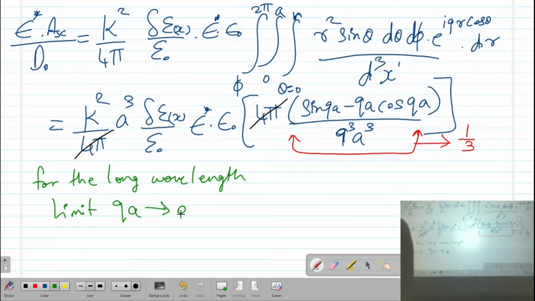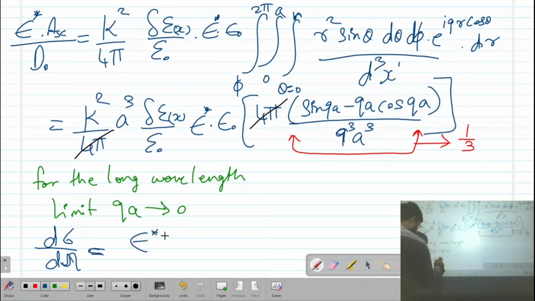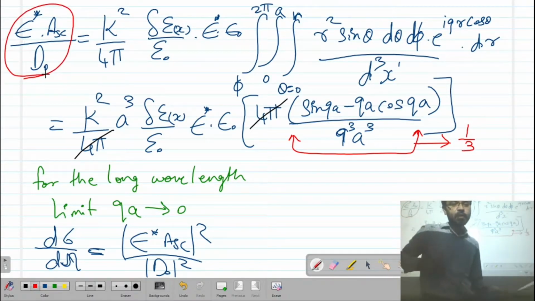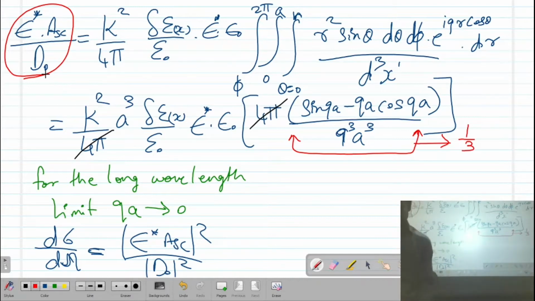Let me write that formula again. We have studied in the last lecture that the differential scattering cross section is given by d sigma by d omega equals ASC star ASC whole square divided by V0 whole square. So this term we have to just square.